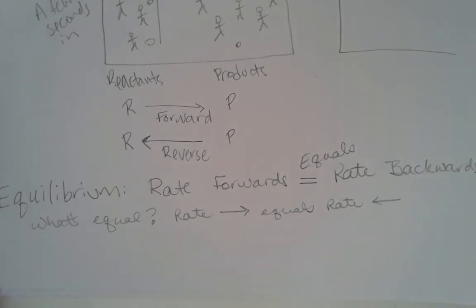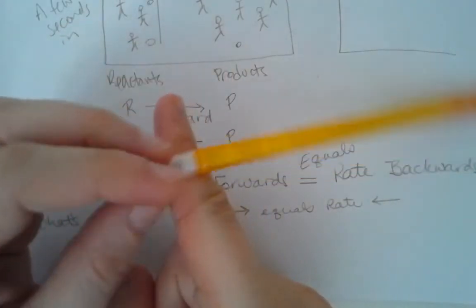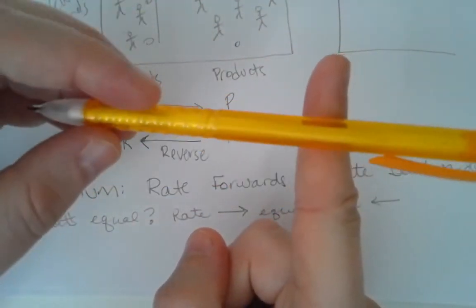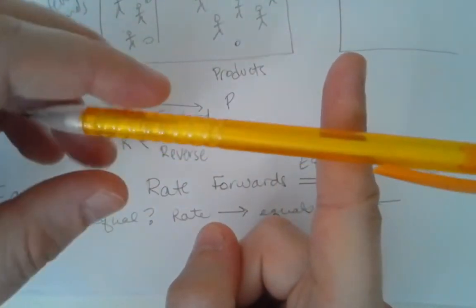From our macro level, falling forwards at the same rate that you fall backwards can appear constant.